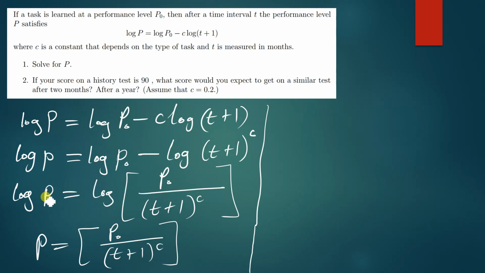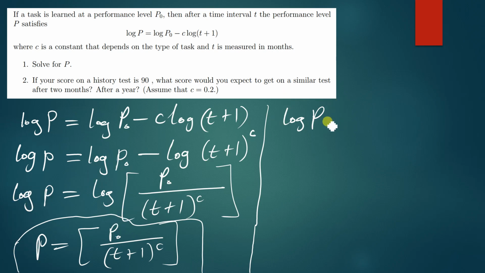So I'll take this log P to the other side of the equal sign, so that I'm going to have log P. Keep in mind this is the final answer. Now I want to show you how to arrive at this answer instead of saying we cancel out the logs.